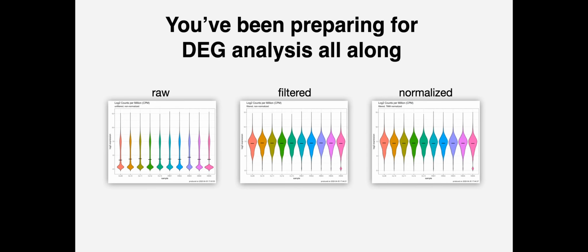Okay, so just to emphasize, we've been working up to this point the entire course. This is a somewhat linear course. We keep progressing towards the end goal of having a detailed analysis of our RNA-seq data.